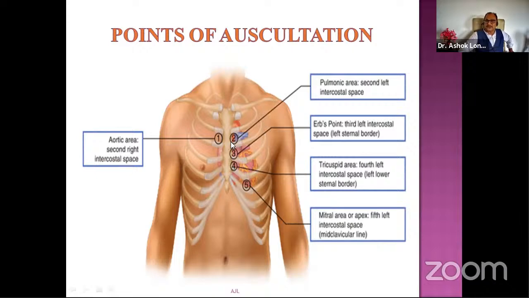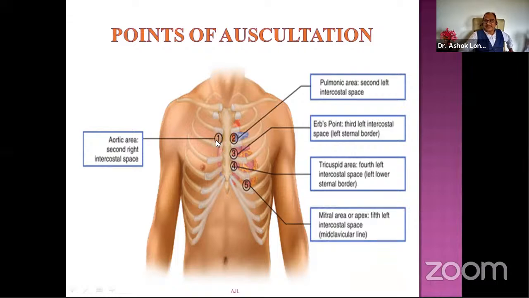Embryologically, we have these two plates, and just because of an opening, ectopic cardiac deformity occurs. So this is the aortic area. Remember, second right intercostal space. Now you will say the aorta originates from the left ventricle, and from here it goes from here to here.